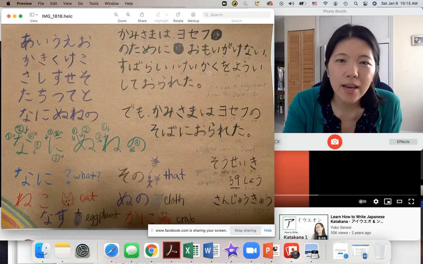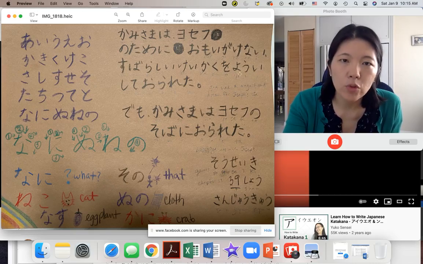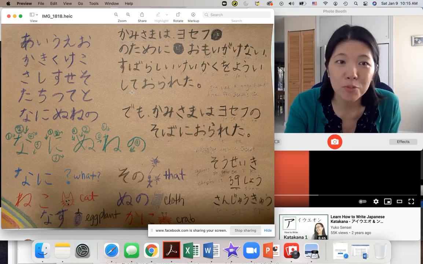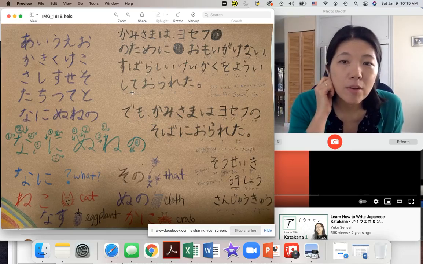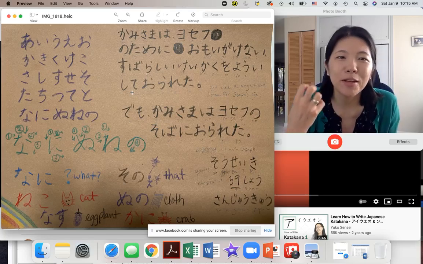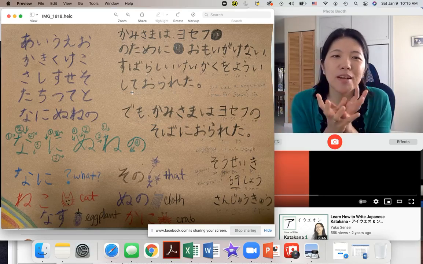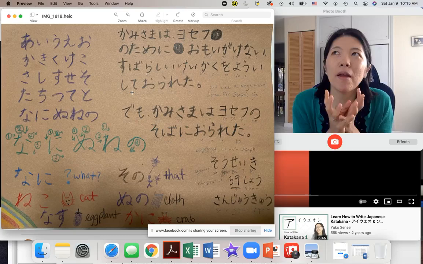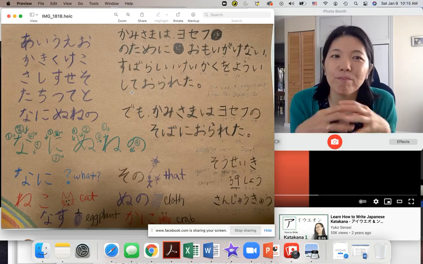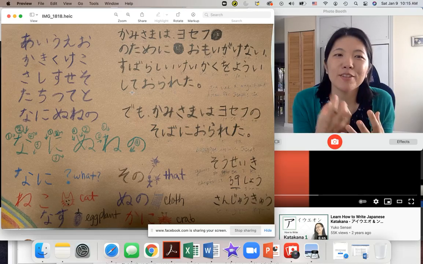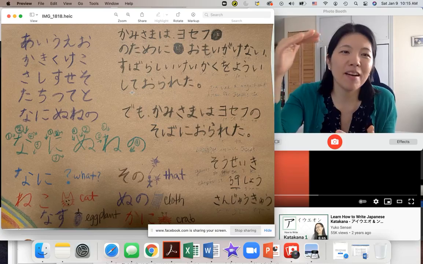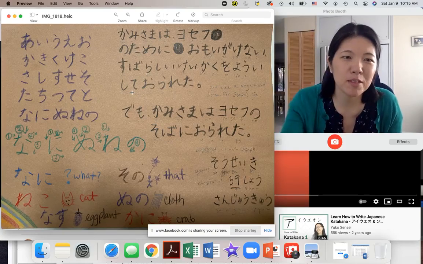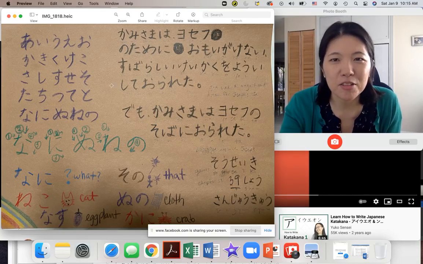Keikaku is plan. O yoi shite orareta. So yoi is to get it ready. Yoi shite, yoi suru is to get ready. And yoi shite orareru, the whole thing is prepare. But orareru is like do, but making God higher. So it's one of those respectful words that you eventually need to learn.